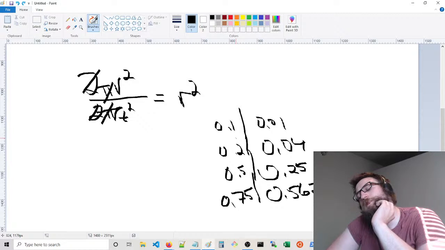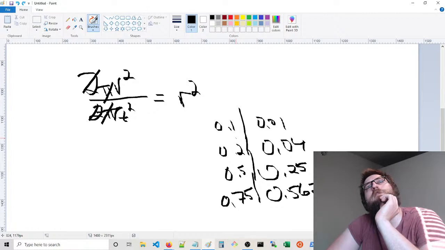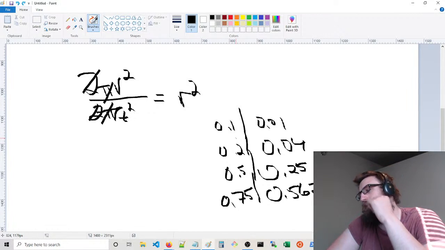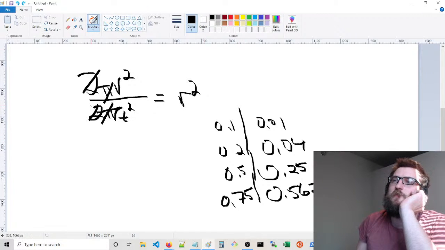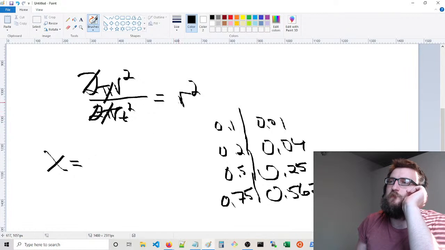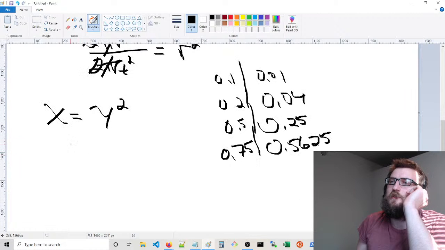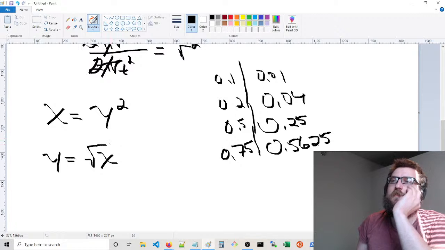I think the reason why you take the square root is because there's a certain inversion there, where you have a random variable x and it's related to y squared, right? And so that means that y is the square root of x.